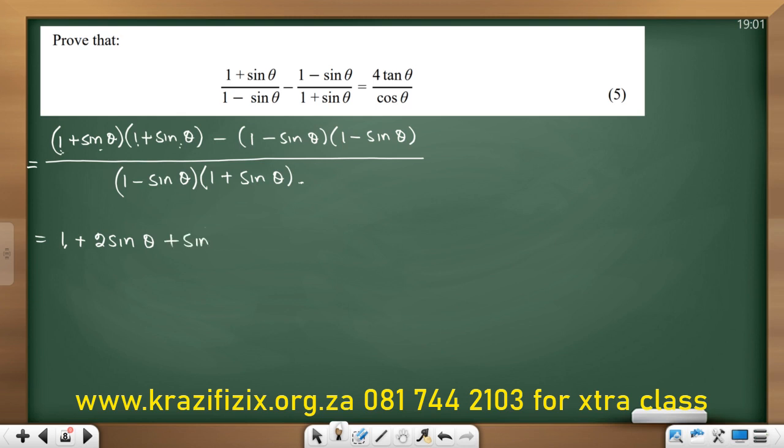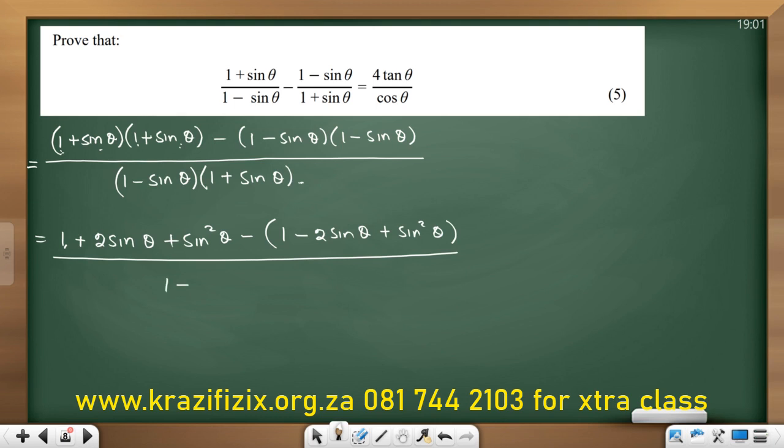Plus sine squared theta minus, there's a bracket there. What do we have? 1 minus 2 sine theta plus sine squared theta over, if you expand this, this is difference of two squares. You're going to get 1 minus sine squared theta.